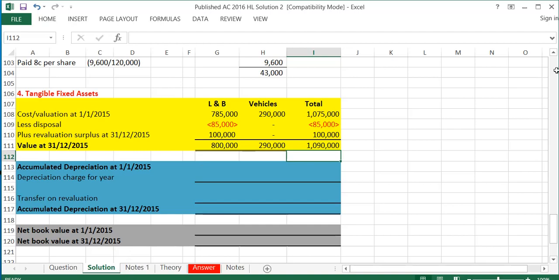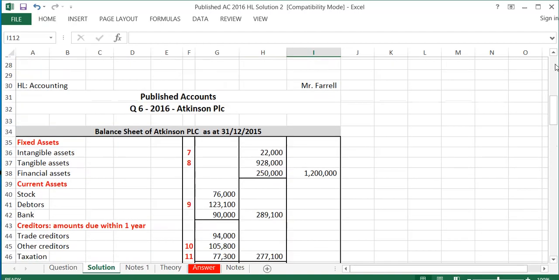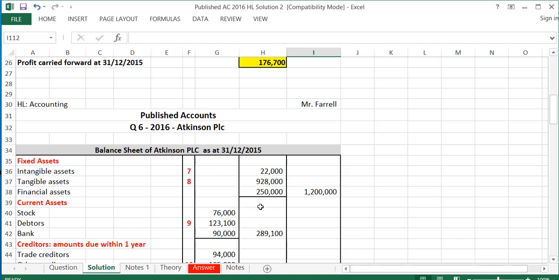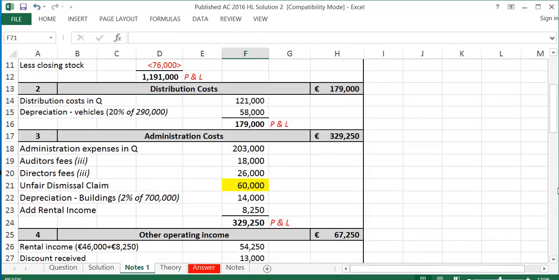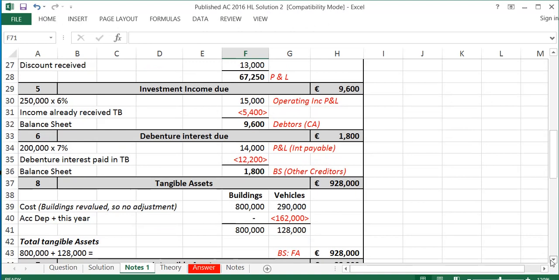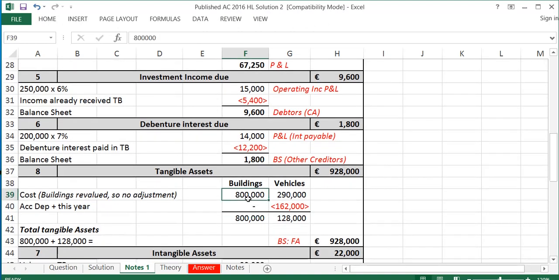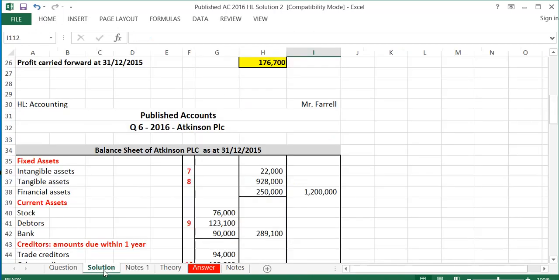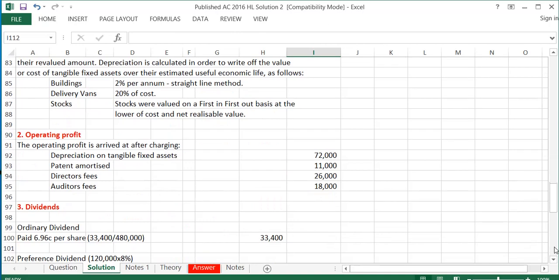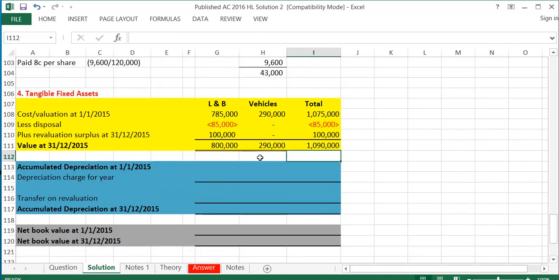And if I want to go back up above quickly and make sure that ties back into my balance sheet figure of 1,090, if I go back and look at my note 8, the 800 and the 290 come to 1,090,000. So the cost is right.